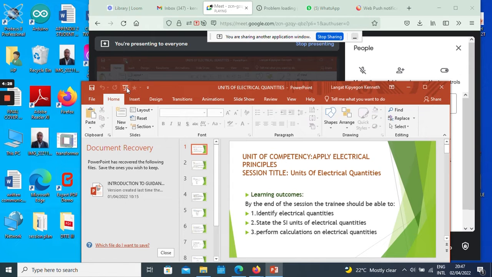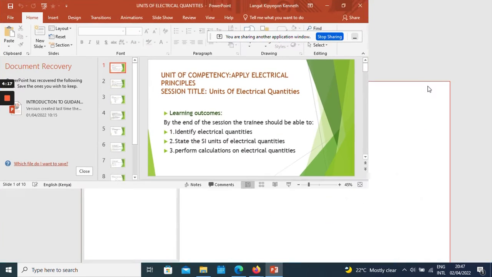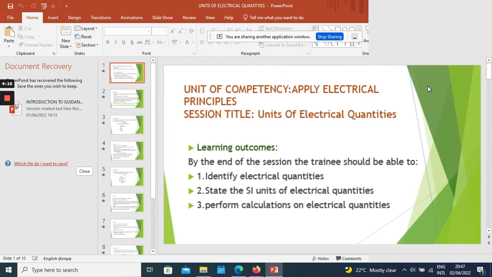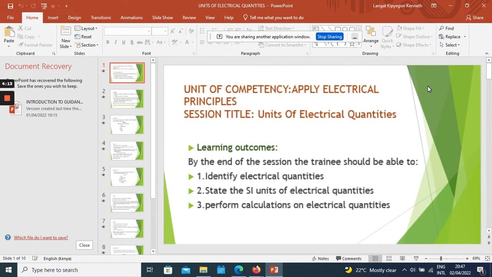Okay. So the unit of competency is apply electrical principles. The session title today will be units of electrical quantities, and the learning outcomes are displayed there.